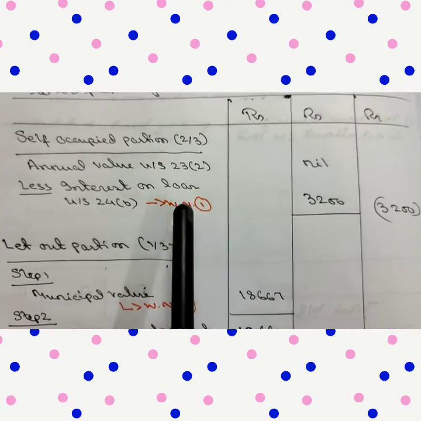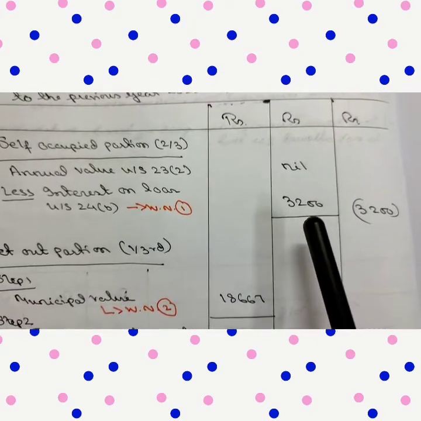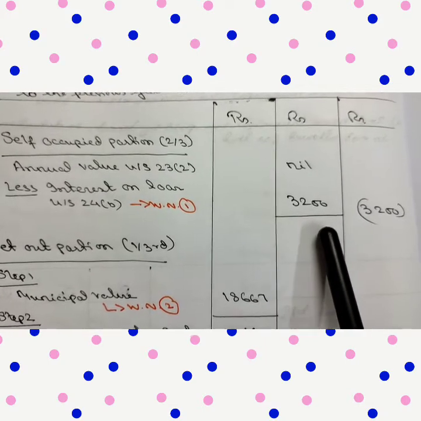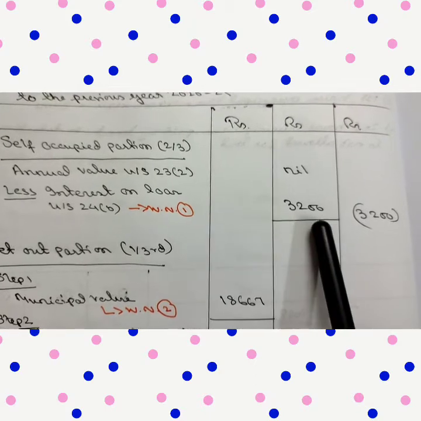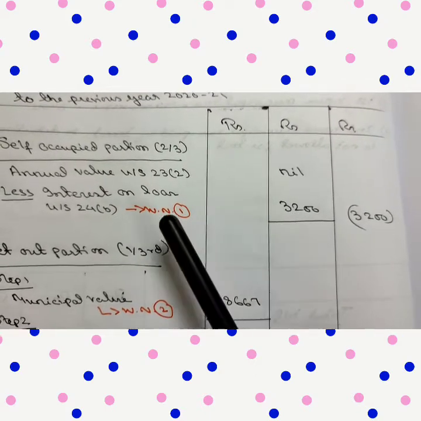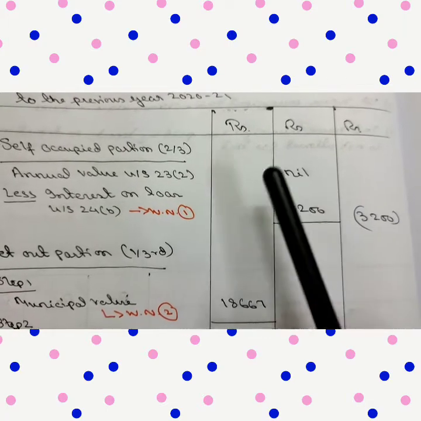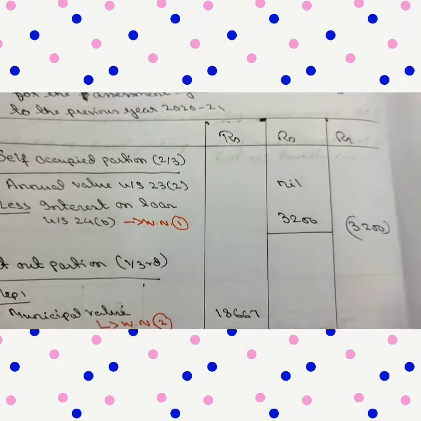According to the question, the total amount of interest on loan is 4,800 and interest on loan is due, not paid. But though it is due, it will be allowed as deduction, but here you don't have to deduct the entire amount because this interest on loan should be divided in two parts.